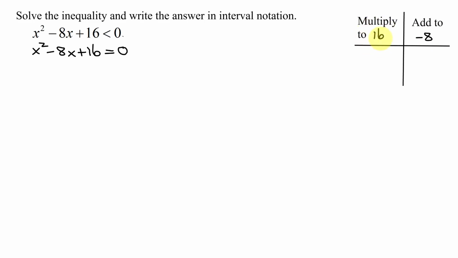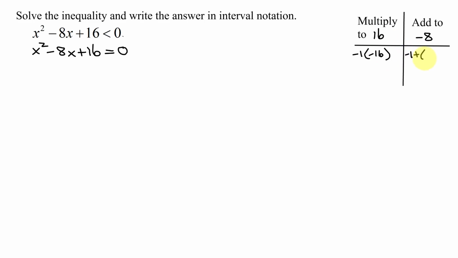Since my numbers multiply to a positive, the signs are the same. If they add to a negative, both of them have to be negative. Hopefully these numbers come to you quickly, but if they don't, I'm going to show you the systematic way of doing it. So negative 1 times negative 16 multiply to positive 16.